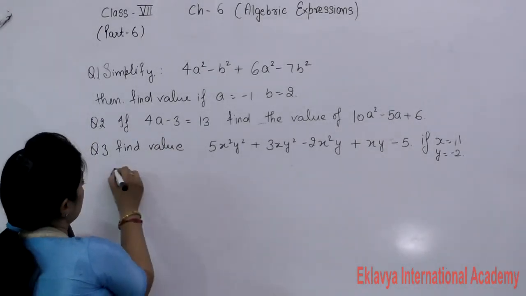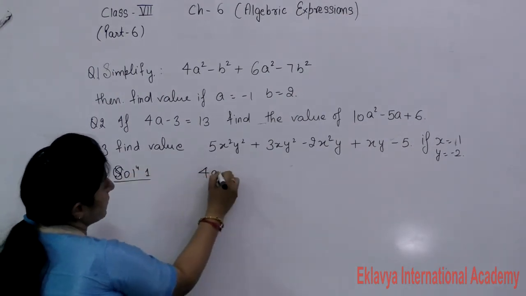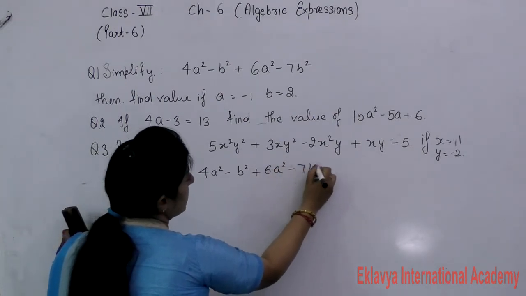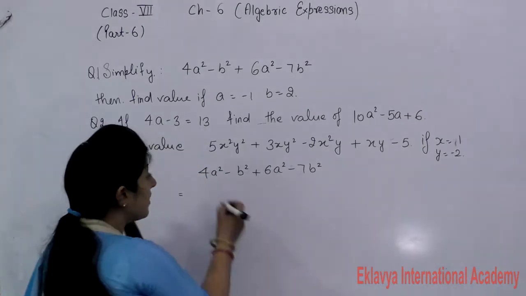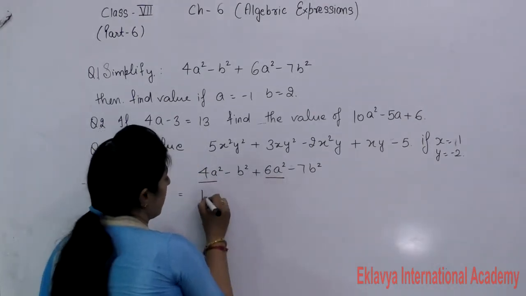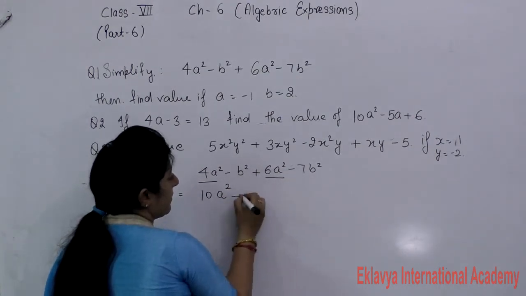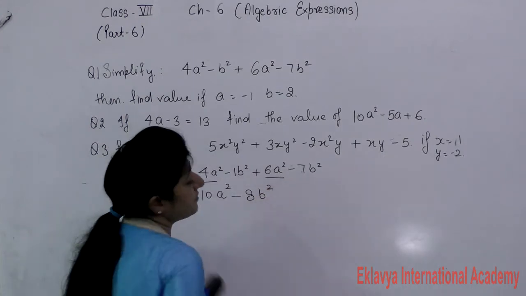Firstly, solution first. 4a square minus b square plus 6a square minus 7b square. Firstly simplify. It means solve like terms. 4a square plus 6a square, 4 plus 6 is 10. Minus b square means minus 1 minus 7, minus 8b square.